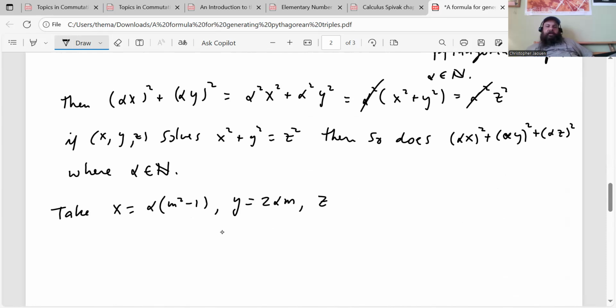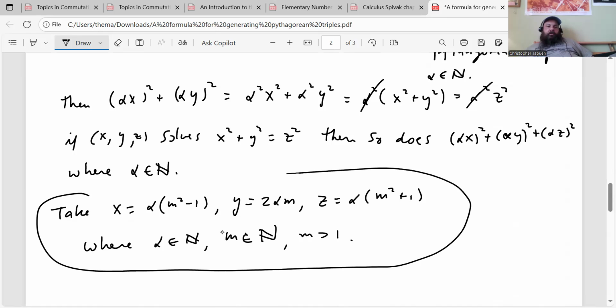And we can take z to be alpha times (m squared plus 1), where alpha is a natural number and m is a natural number, m greater than 1. Right. So that gives you a way of generating the Pythagorean triples.